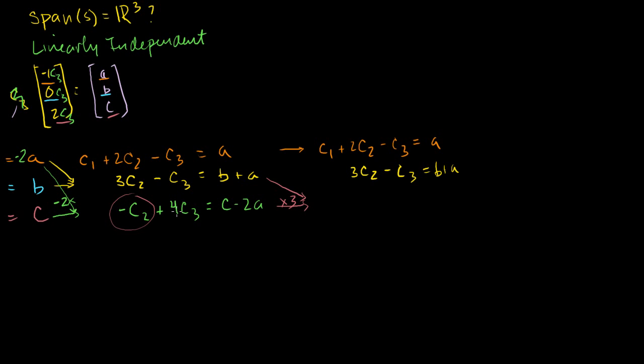And then when I multiply 3 times this, I get 12c3 minus c3. So that's 11c3. And I multiplied this times 3 plus this, so I get 3c minus 6a, right? I'm just multiplying this times 3 plus this, plus b plus a.